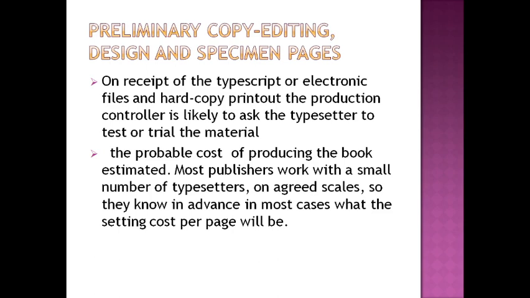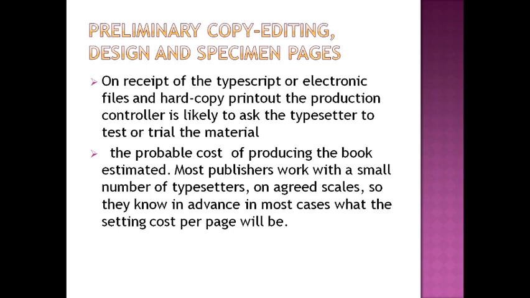Cast off is actually the calculation of the number of printed pages that the copy will occupy when set in a given typeface and measure. It is to be done because we need to know the probable cost of producing the book.